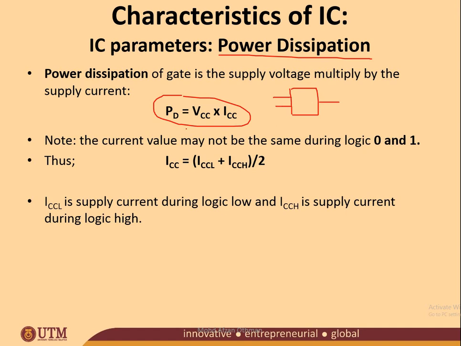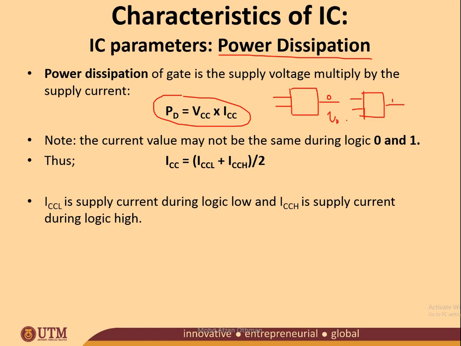For example, if you have 0 here, logic 0, the current may be different if your output is logic 1. Let's say this is the same gate, the same chip. If this is 1 and this is 0, the value of the output current may not be the same.